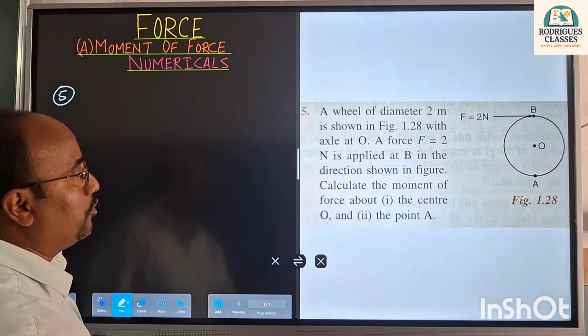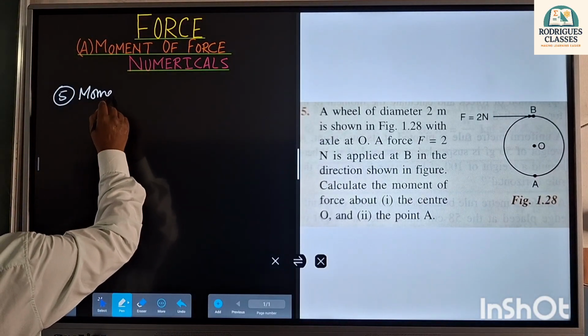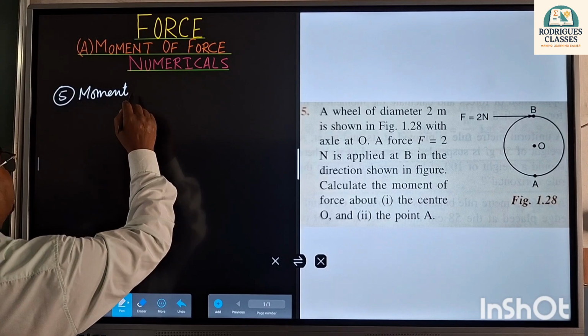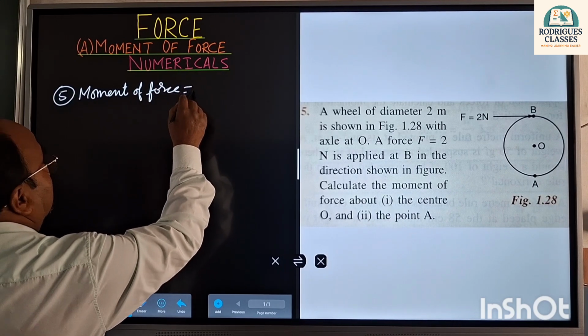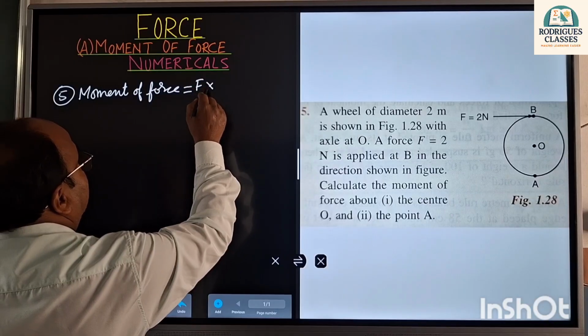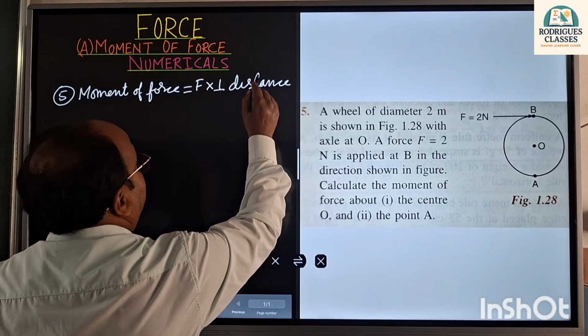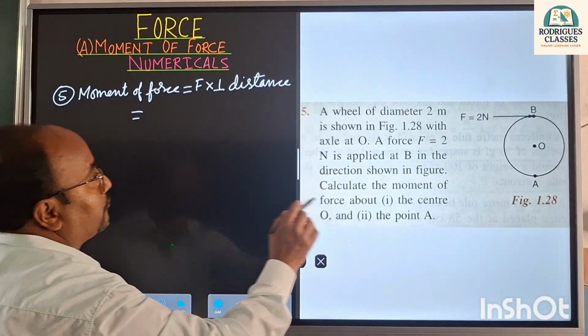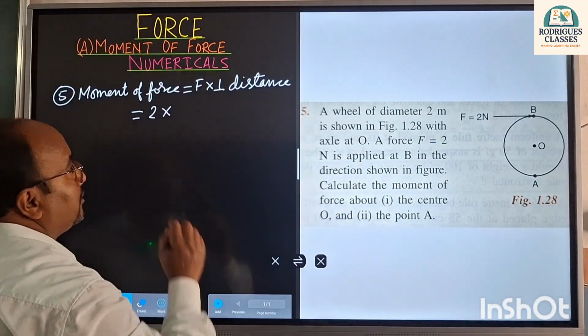So we have to find the moment of force, so we write the formula. It is always a better habit to write the formula. So the force given to us is 2 Newton, which is in SI unit.